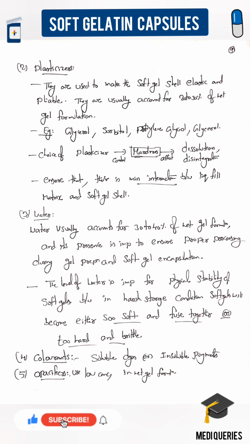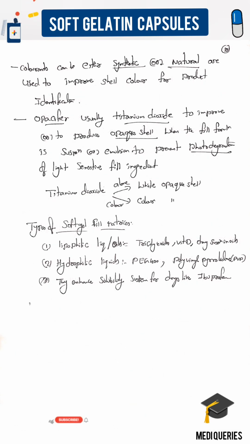Sometimes you use colorants. Mainly soluble dyes or insoluble pigments are preferred. The colorants can be either synthetic or natural and are used to improve the shell color for product identification. Opacifiers are mainly used in low concentration in a wet gel formulation.